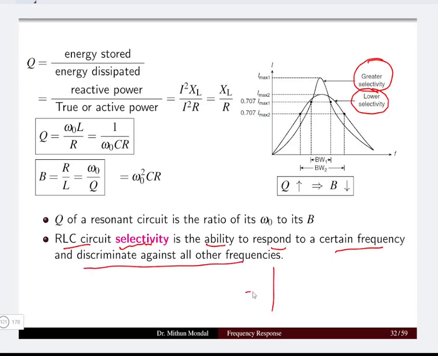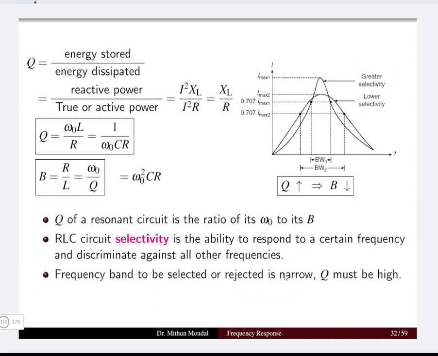For example, if we take one waveform and the frequency F1 here, if you want to pass this frequency and eliminate this frequency, that is known as selectivity. So in selectivity, we are trying to determine the ability to respond to a certain frequency component, like this frequency we are taking and this frequency we are discriminating. And that is what we are doing in the communication network.